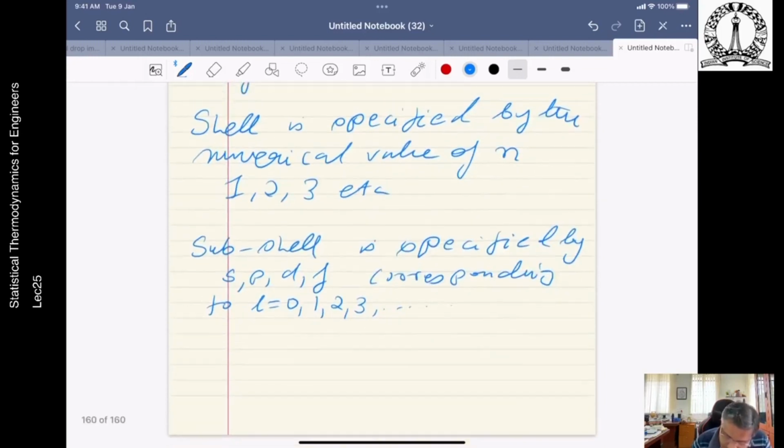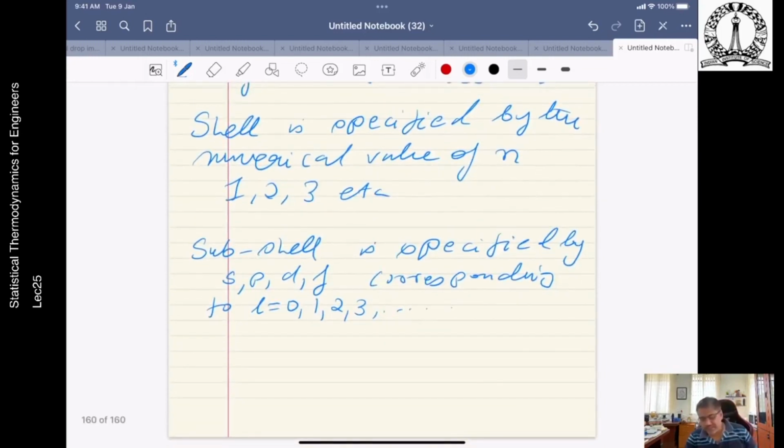Given this nomenclature, we have now identified that the electrons should be specified by n and then the corresponding subshell in which they are residing.